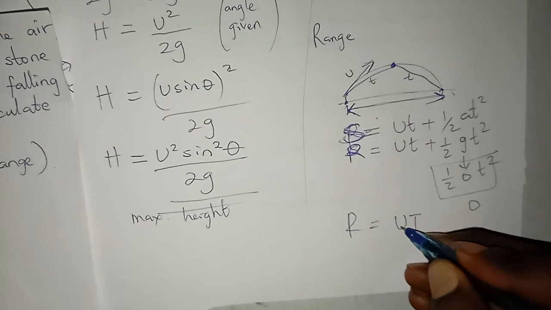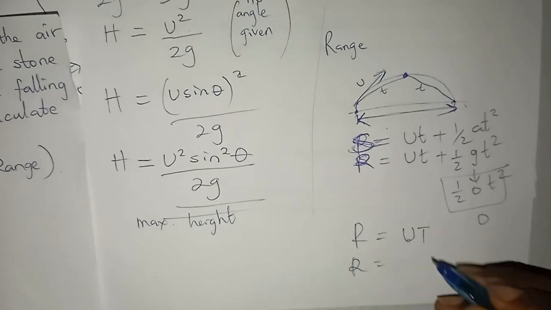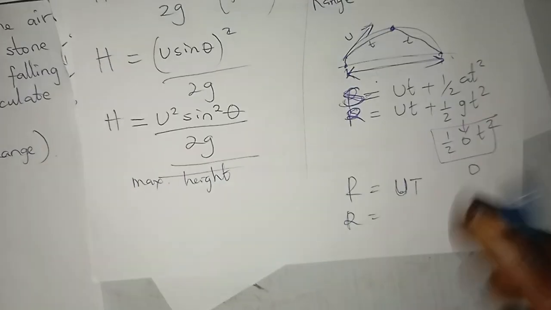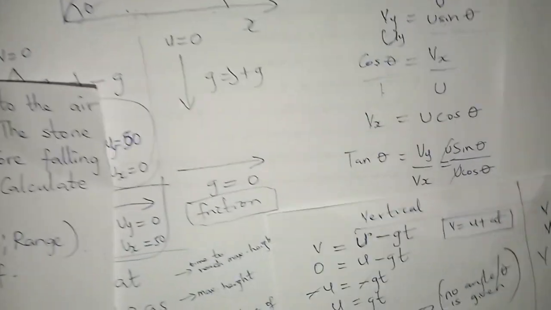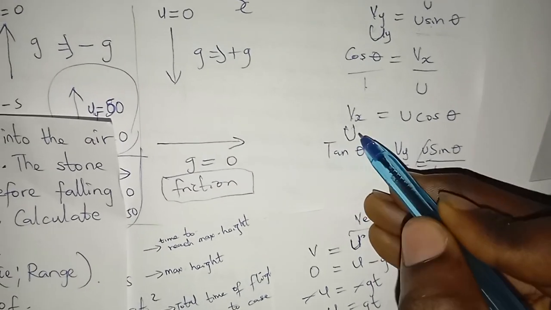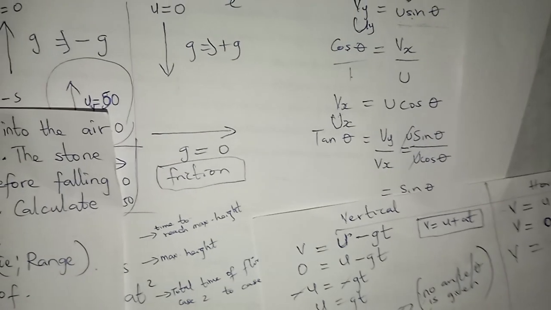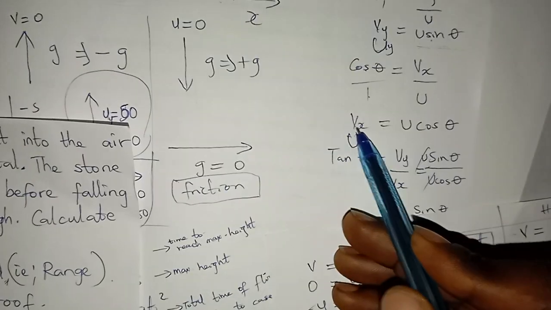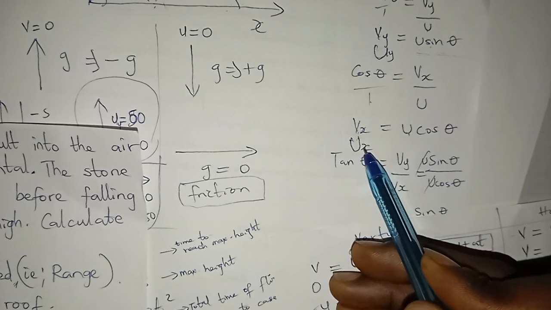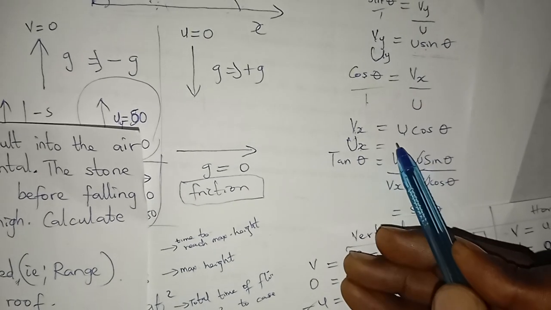But we know that the u we are talking about here, anything on the x-axis, when an angle is not given, we use u like this. But once an angle is given, we remember that u on the x-axis can also be ux for initial. When we are talking about final, we use vx, v cos. But when we are talking about initial, we use u, so it can also be ux.